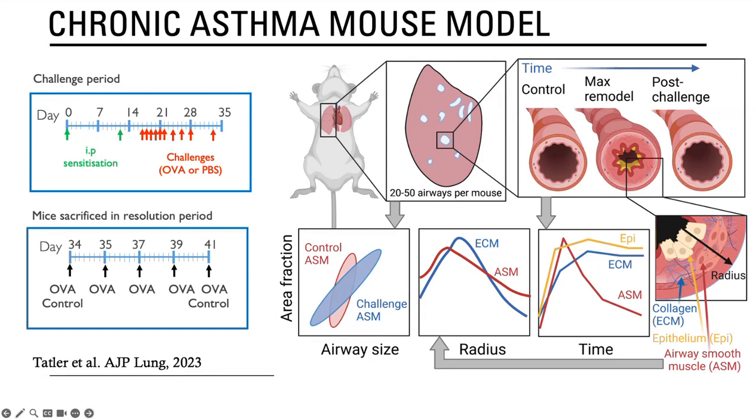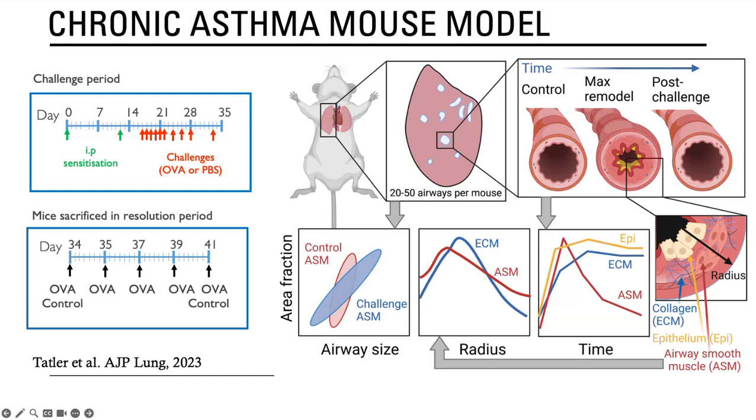Ovalbumin is a protein that causes remodeling, and we have shown from the data collected that over time, the smooth muscle increased rapidly between start and maximum remodeling time.